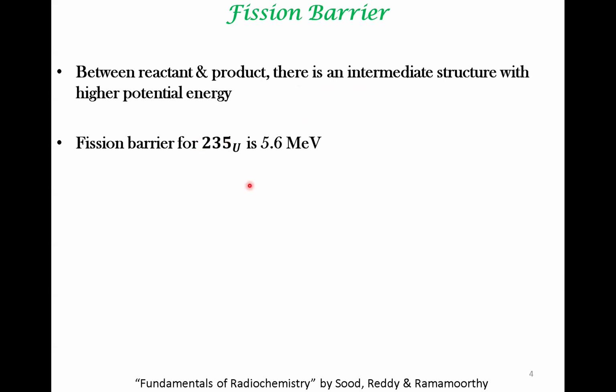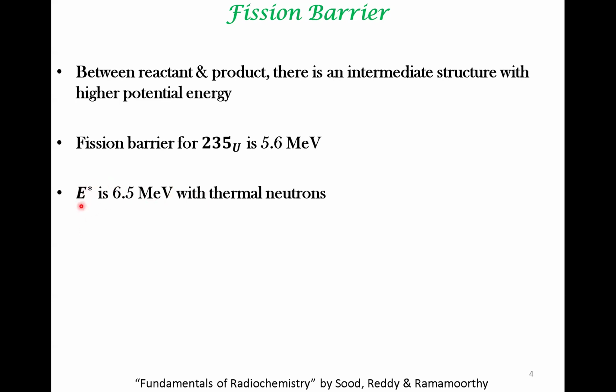It is of the order of 5.6 MeV for U-235. So when you add a thermal neutron to U-235, it goes into an excited state. The excited state's energy is about 6.5 MeV with respect to U-235.